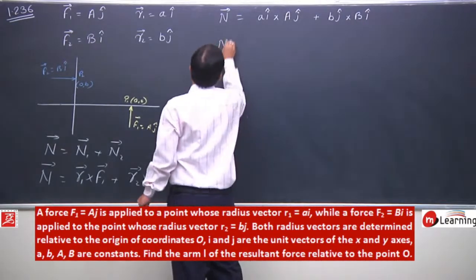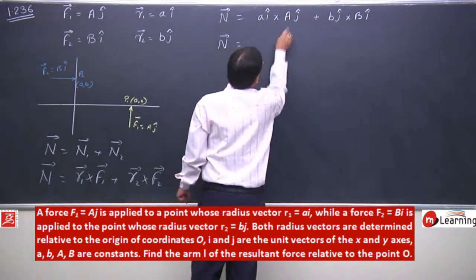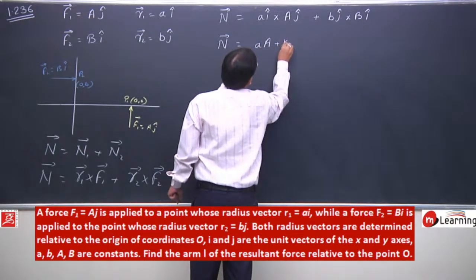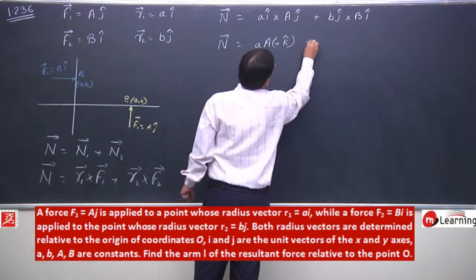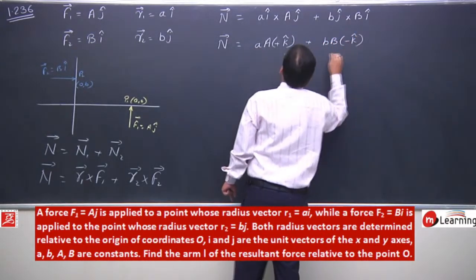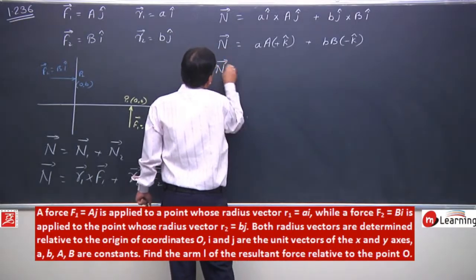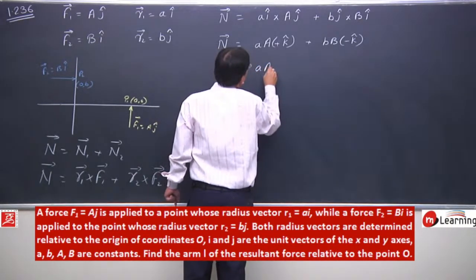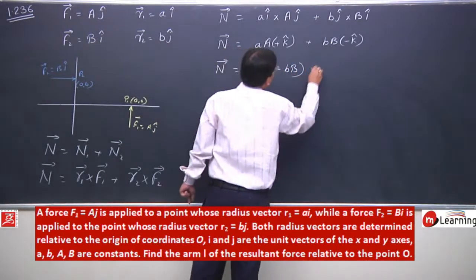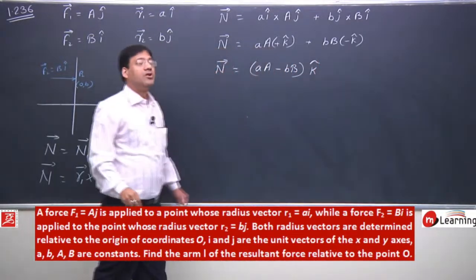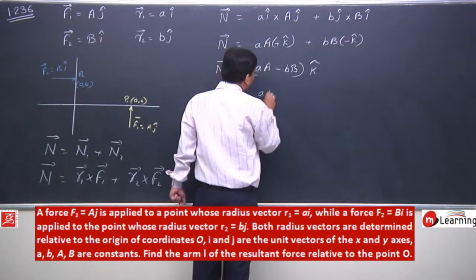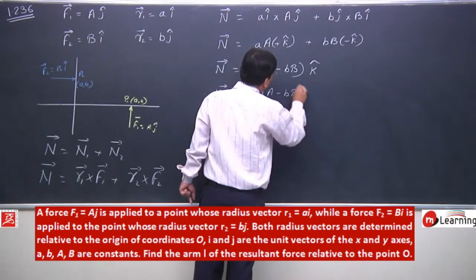So this would give me N is A into A, I cross J is plus K, plus B into B, J cross I is minus K, or this is AA minus BB into K cap. And mod of this moment is AA minus BB.